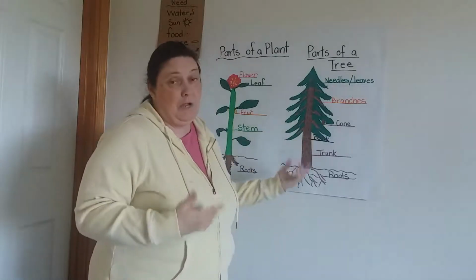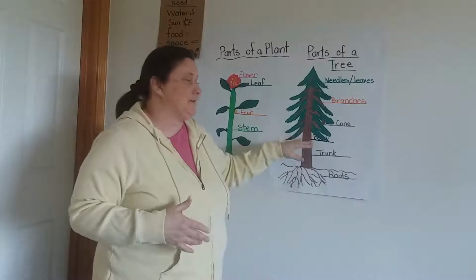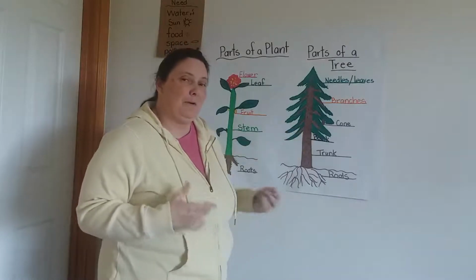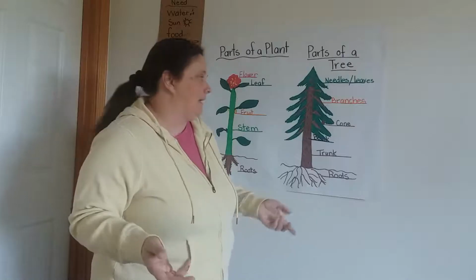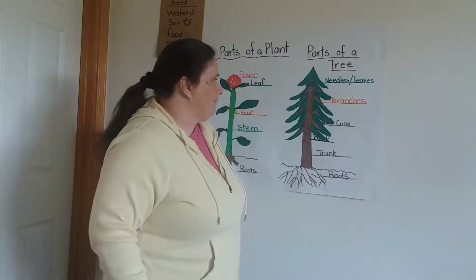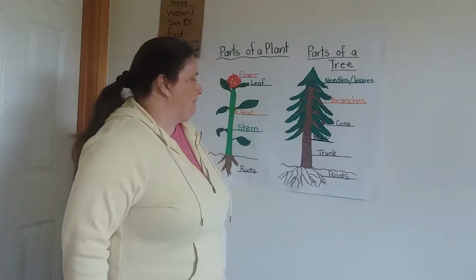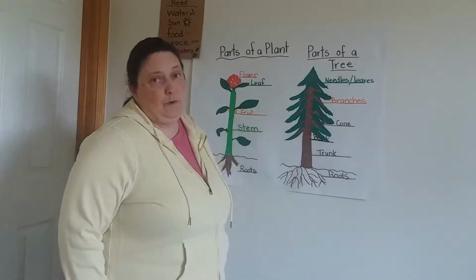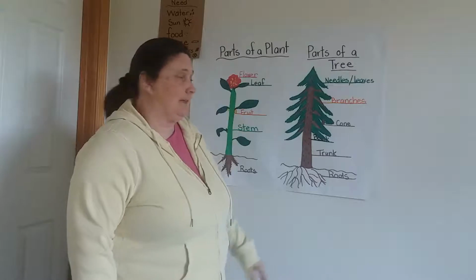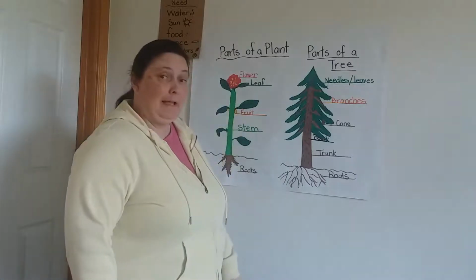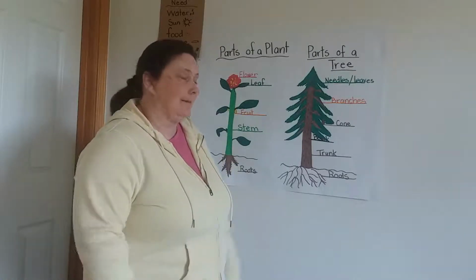Okay, so as you go hiking next time in the forest, as you look at different cones, you might want to think about what's the name of that cone? It will tell you the name of the tree that it came from. And then inside that cone are the seeds to grow new trees, just like the fruit of a plant will help grow new plants.